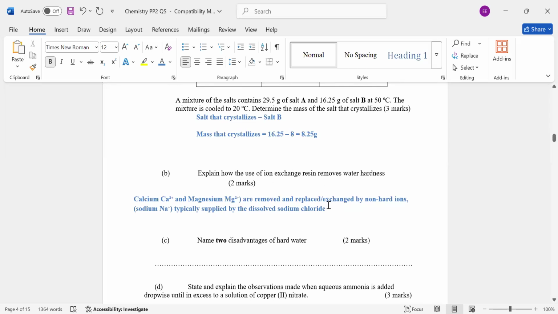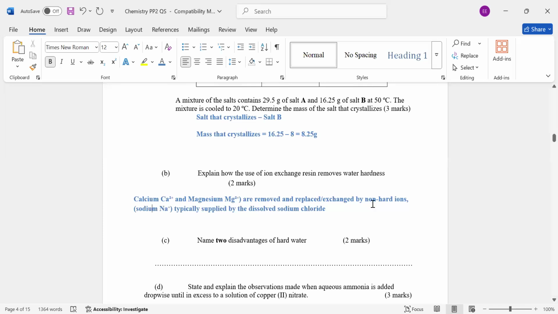If you picture the diagram of the ion exchange resin, we have sodium chloride inside, in aqueous state, so you have sodium ions and chloride ions. The magnesium ions and calcium ions are going to be replaced or exchanged by the sodium ions. So what will be coming out of that resin will be sodium ions, but not the hard water.